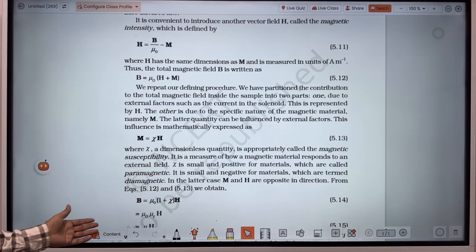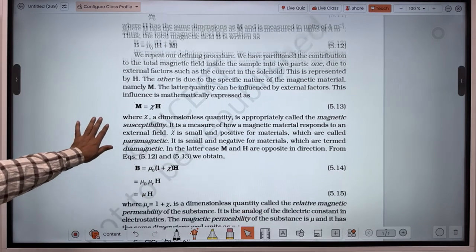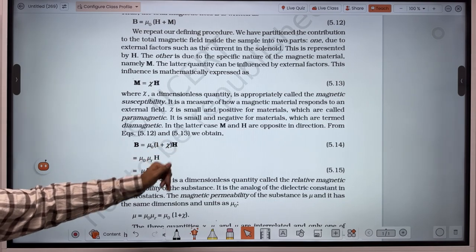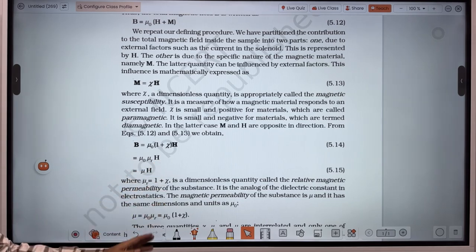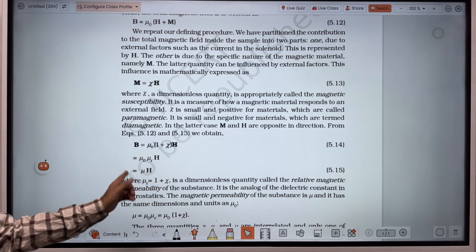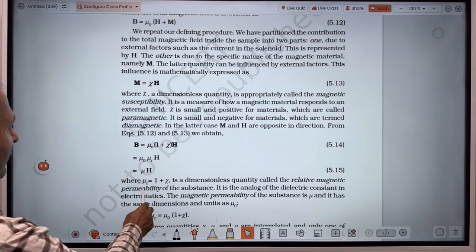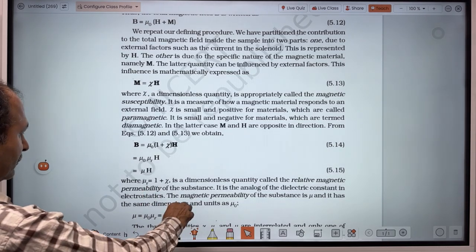So now we are going to relate magnetic susceptibility with B and H. The final relation that we get is B equal to mu naught times 1 plus chi times H, and this is also equal to mu naught mu r H, which can be written as mu H. This relation is very important: mu r equal to 1 plus chi, right?